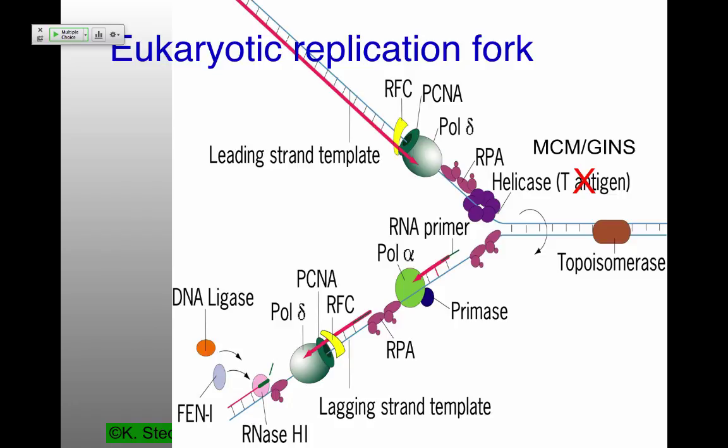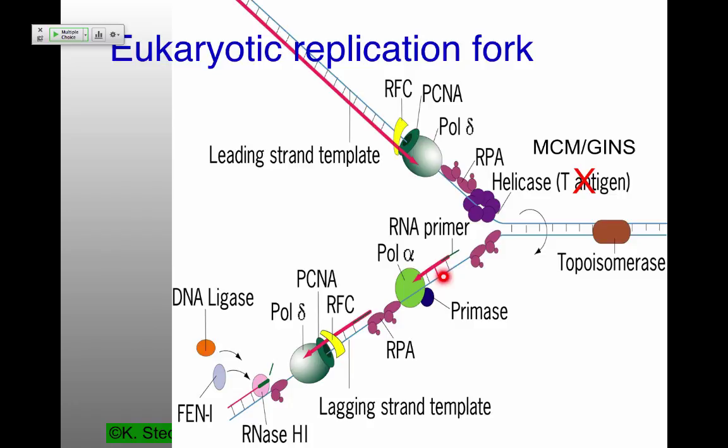What's much different between bacteria and eukarya is what's going on in the lagging strand. The lagging strand also has a DNA primase, which is an RNA polymerase, which makes RNA. But that's always in complex with a DNA polymerase, so it makes DNA, called Pol alpha.